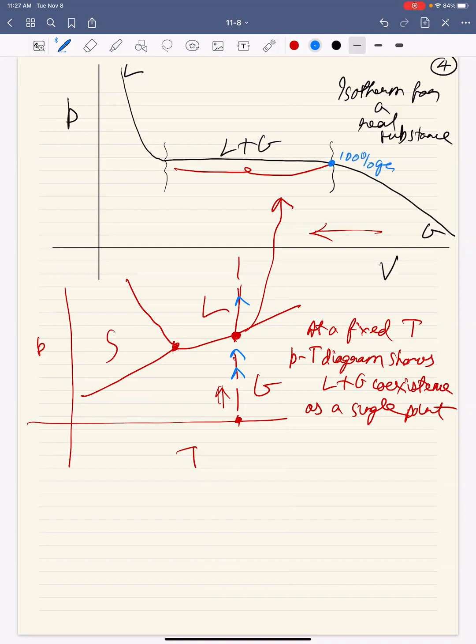And by the time you get to this point, it's 100% liquid. Later, when we get to phase diagrams in more detail, we will talk about the lever rule and other things which will allow us to calculate how much gas and how much liquid there is. So what this part is, it's really the coexistence of liquid and gas. They exist together.